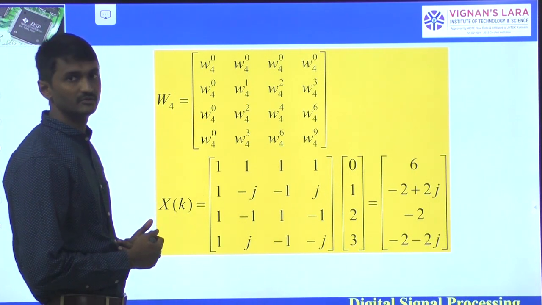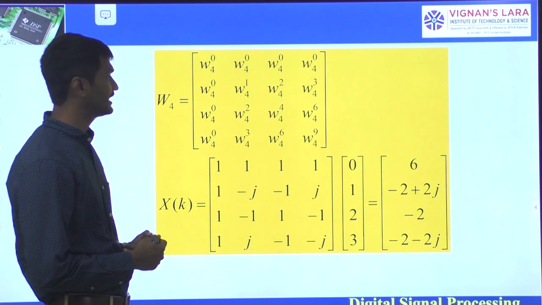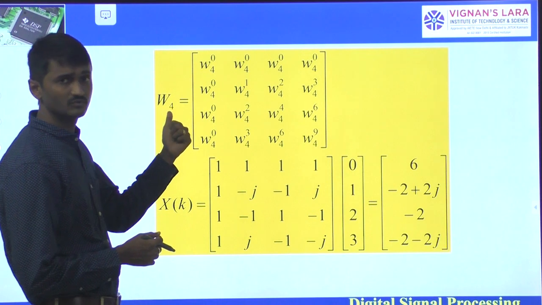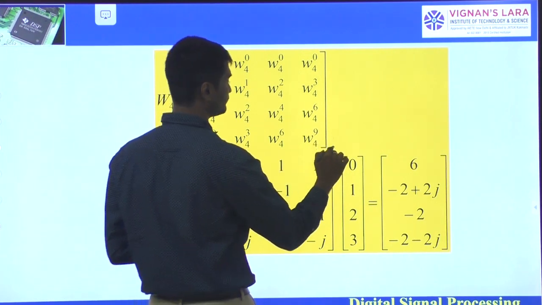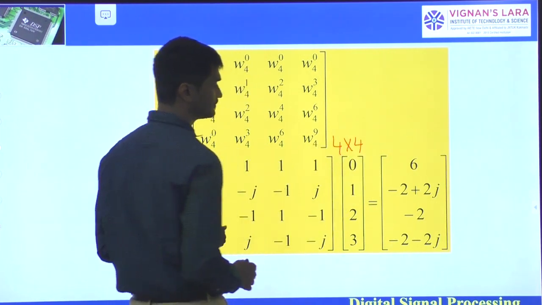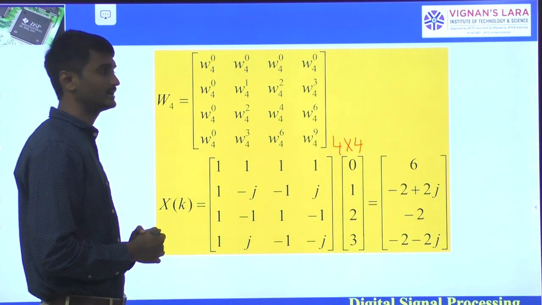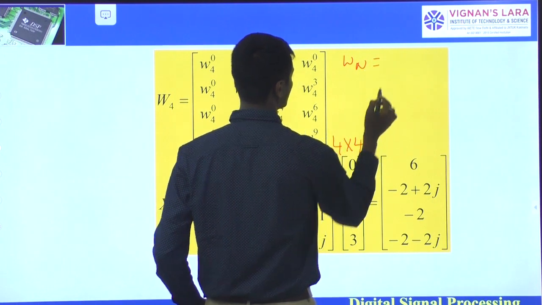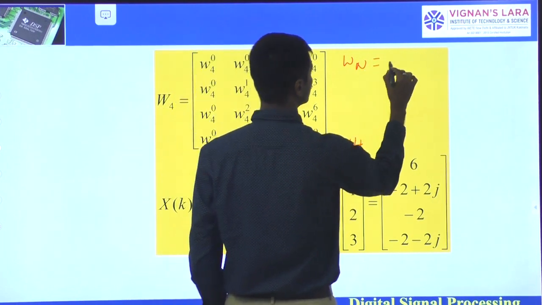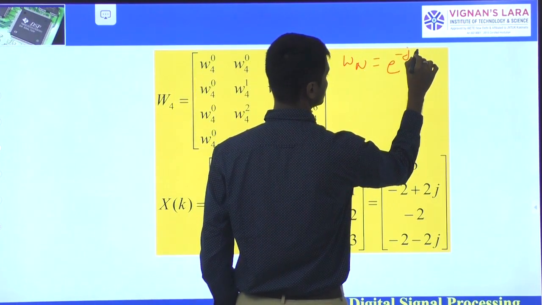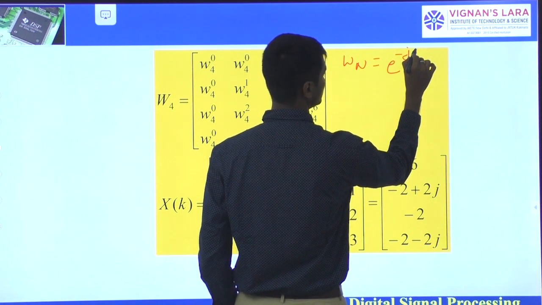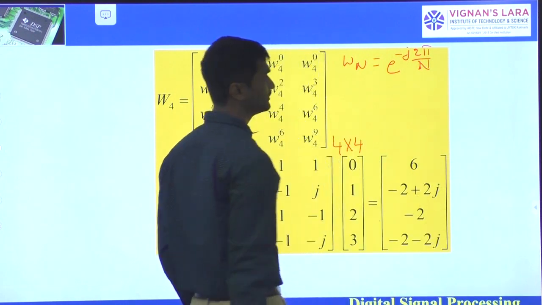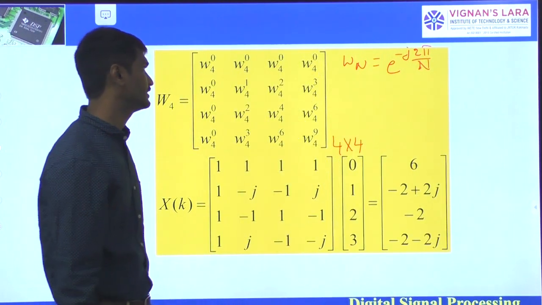Here, simply by using the twiddle factor matrix we can calculate the DFT of the given sequence. So there we require a 4 by 4 twiddle factor matrix. We require a 4 by 4 twiddle factor matrix. So already we know that the twiddle factor omega n is equal to e power minus j 2 pi by n.